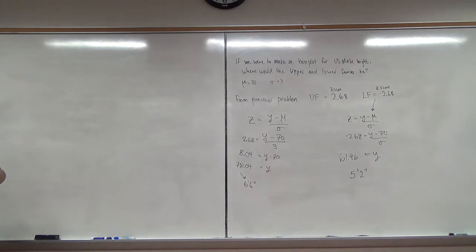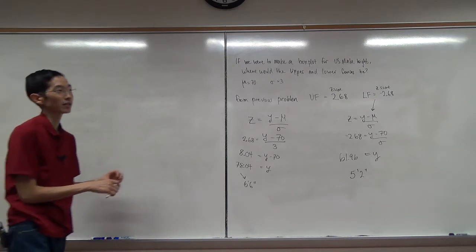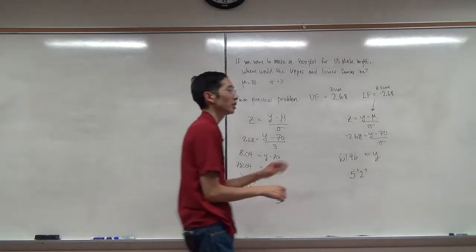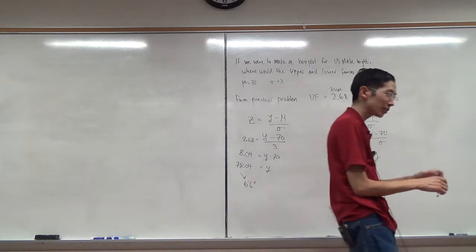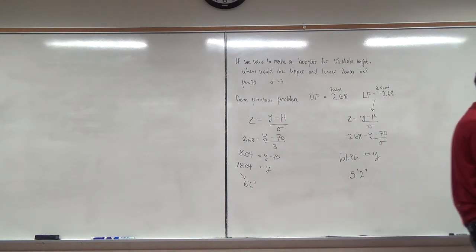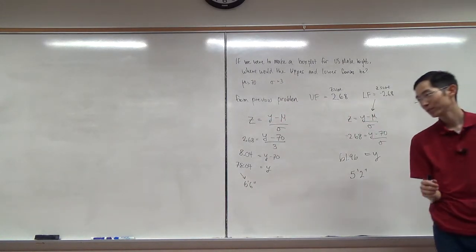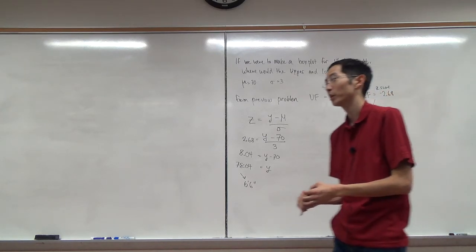If we have an idea that something might follow the normal model, so if we say something is unimodal and symmetric, the normal model often serves as a good approximation for those data sets.